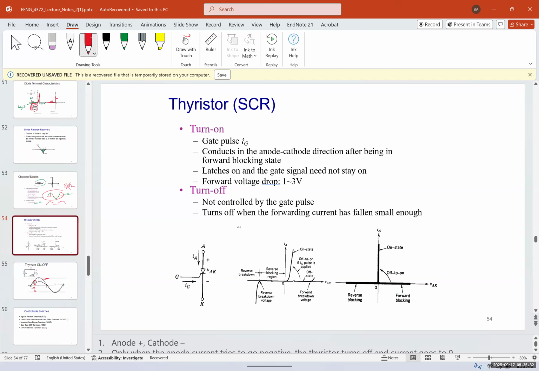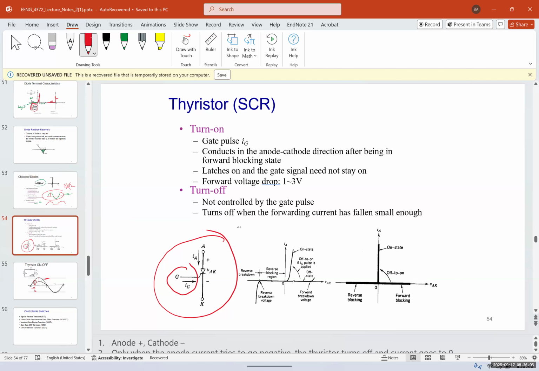They are called thyristors. It's like a diode, but it has a connection to it. It acts like a switch again. It has the same characteristics as a diode, but the difference is you have control on when to turn it on. We turn it on by giving a signal to the gate pulse.